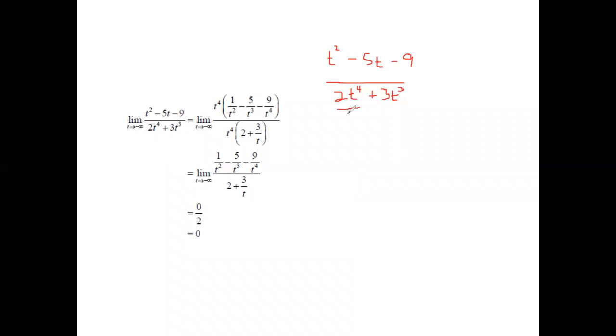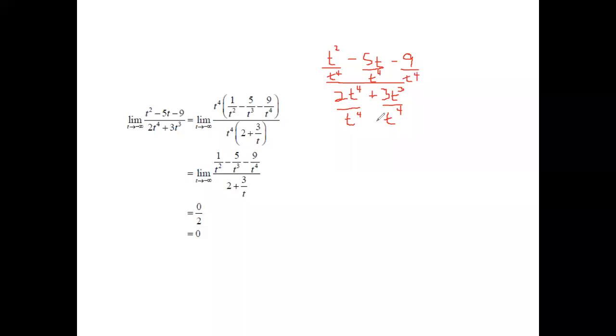So let's divide all terms by t raised to the power of that degree. So we divide here by t raised to the power 4, divide this by t raised to the power 4. Do the same for all the terms in the numerator, so t raised to the power 4, and then divide this by t raised to the power 4.